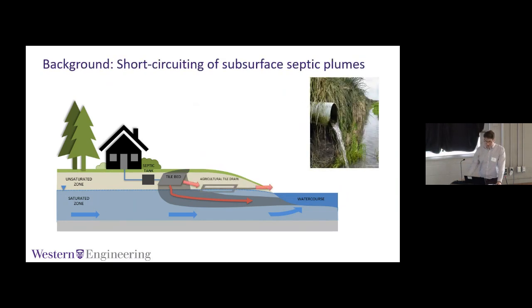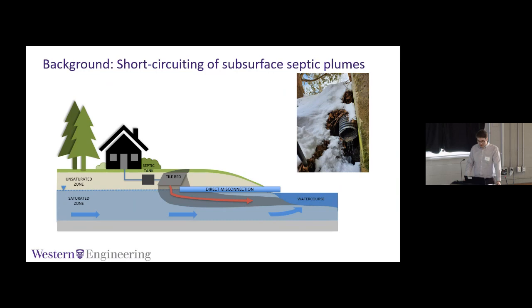Additionally, we may see septic system effluent being intercepted in the subsurface by subsurface drainage structures in our rural areas, such as agricultural tile drains, in which partially treated effluent is delivered as a somewhat rapid pathway to our streams, bypassing the treatment process as designed.